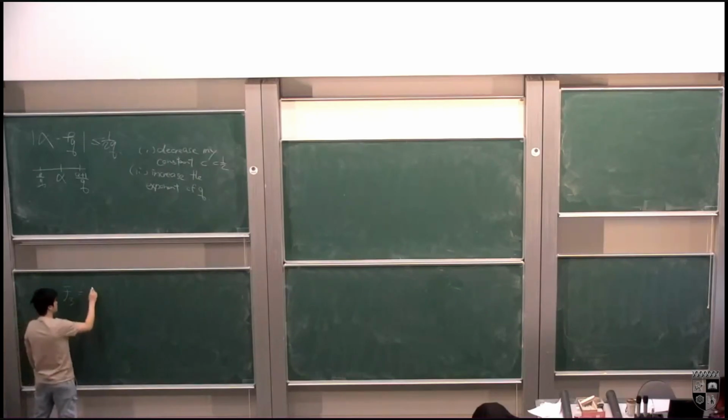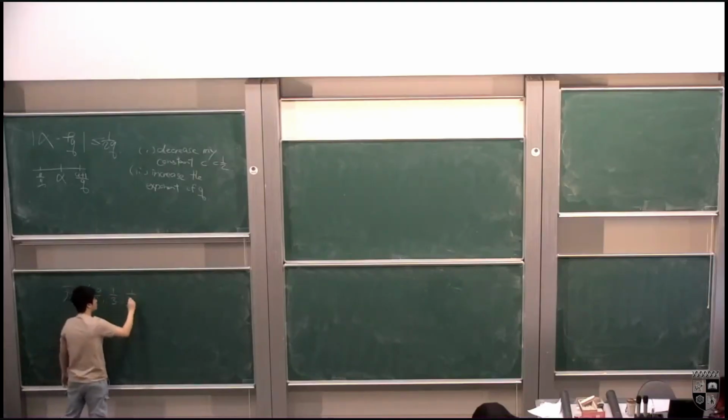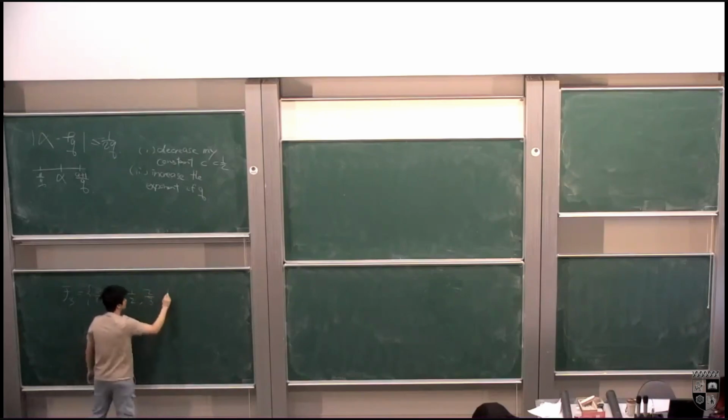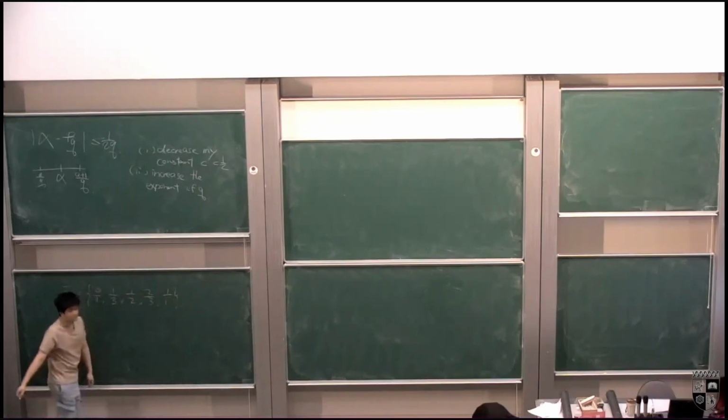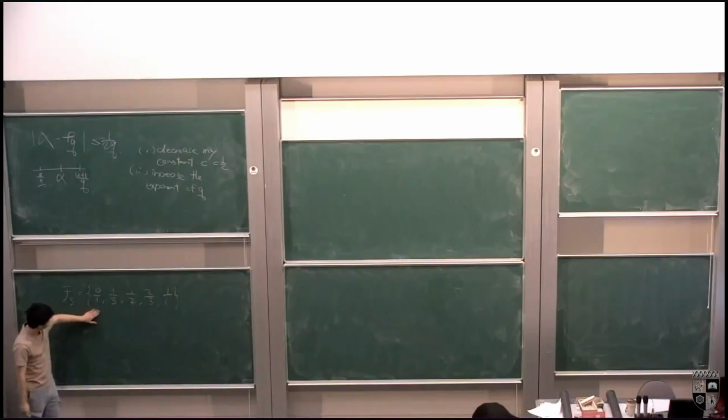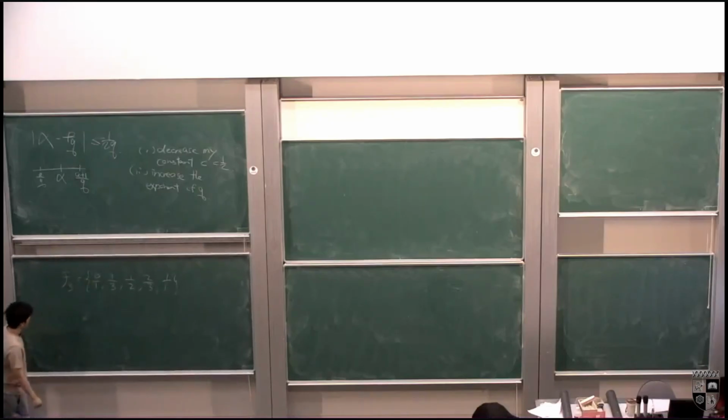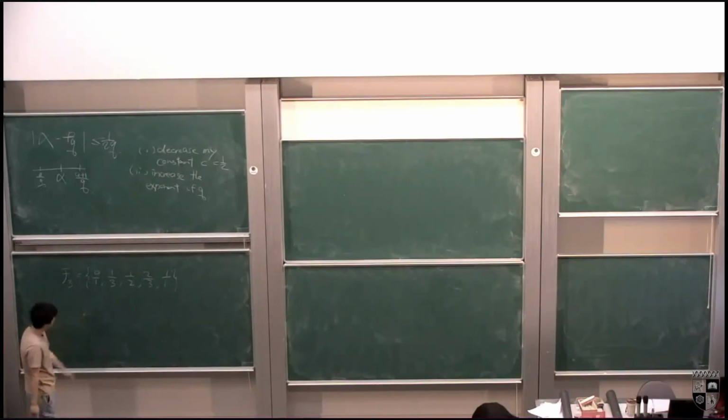F of 3 would be something like 0, 1 over 3, and so on. I have all the irreducible fractions with denominator less than or equal to 3, and I arrange them in ascending order. So that's F of 3.